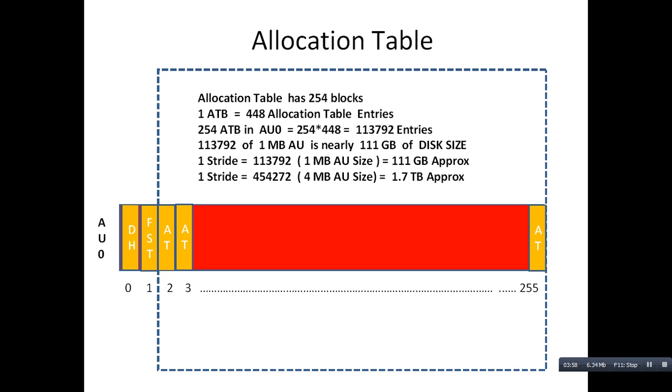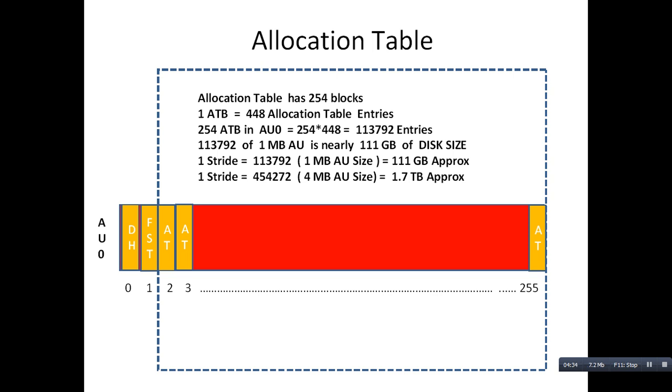So in an allocation table, we have 254 blocks, and each allocation table block can contain entries for 448 allocation units. So 254 times 448 equals 113,792 entries that can be accommodated in one allocation table.